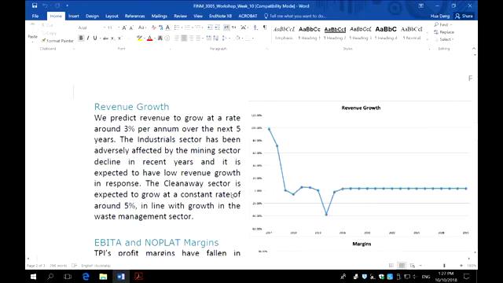And at a constant rate of 5%, in line with growth in the waste management sector. So you are telling quite different aspects of the company's revenue, the demand of resource, the cycle in the resource industry, and also the waste management sector. That's a very large sector.